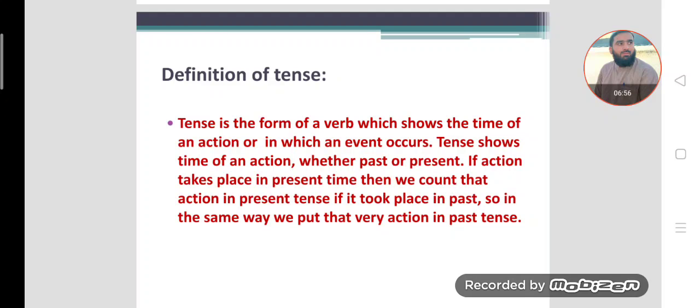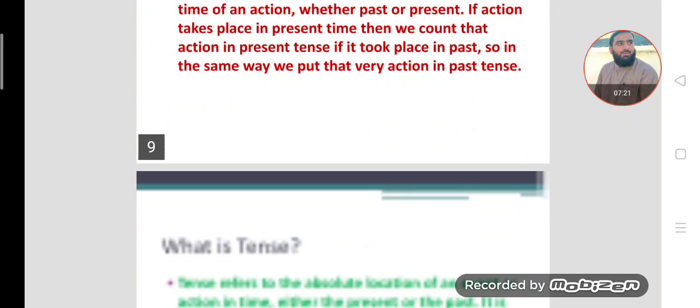If an action takes place in present time, then we count that very action in present tense. If it took place in past, in the same way we put that very action in past tense. So present time is shown by the present tense and past time is shown by the past tense. So we have two tenses in English language.